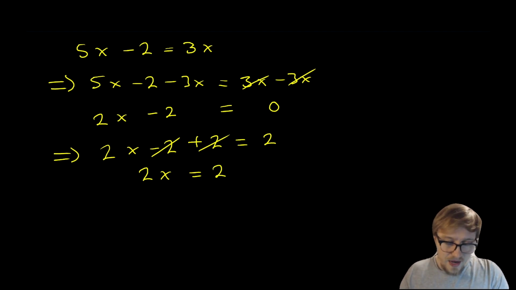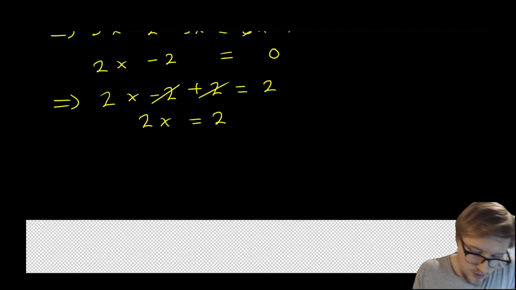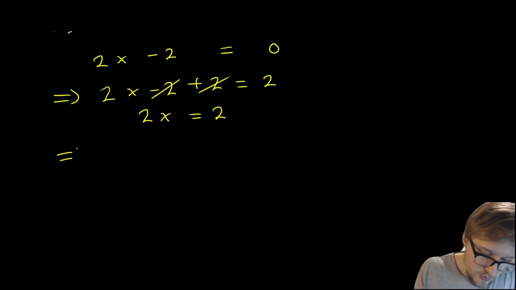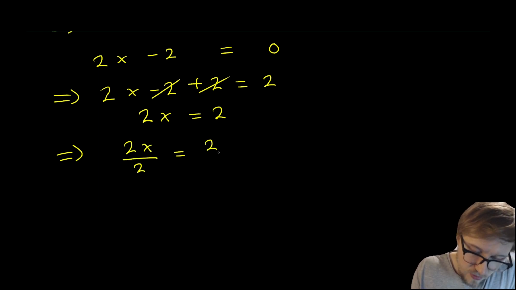Okay? And we do the same trick now as we did before. We divide by the factor that's sitting in front of the x, which is 2. So we divide both sides of the equation by 2. So we have 2x divided by 2 equals 2 divided by 2.